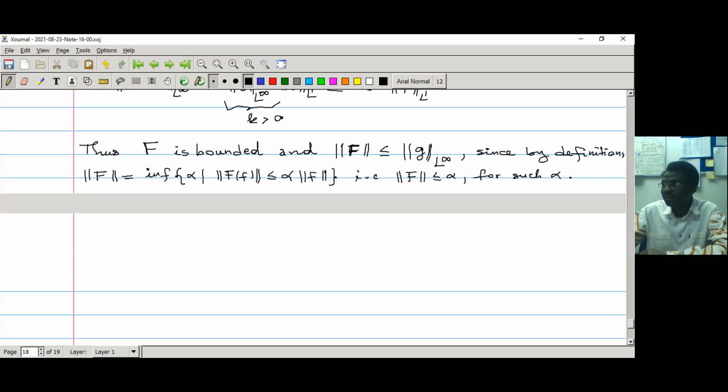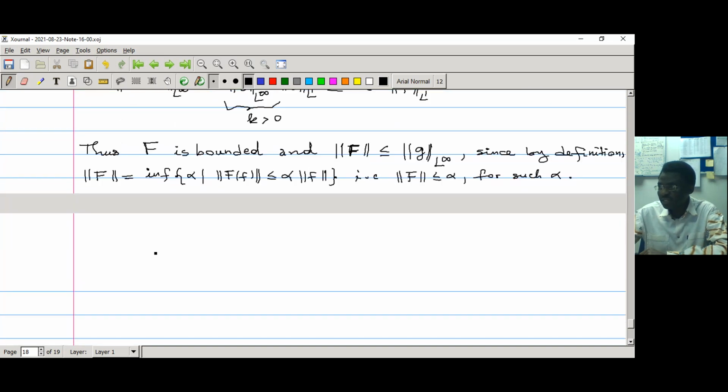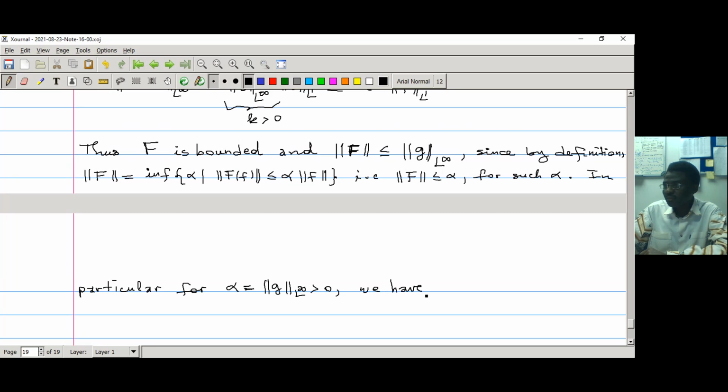And in particular, we know that for alpha equal to G, in particular, for alpha equal to this, we have this.